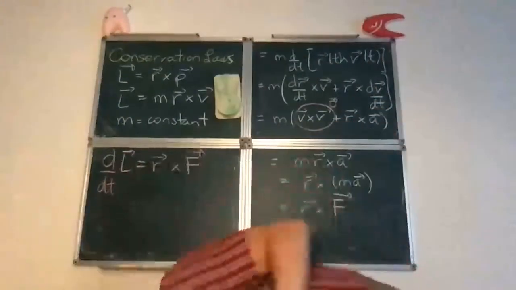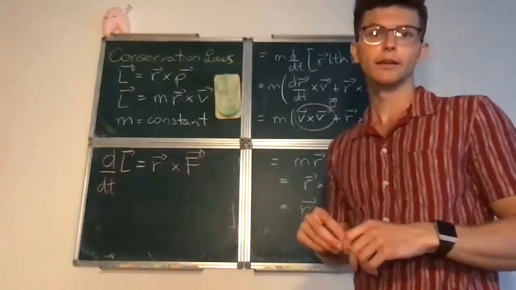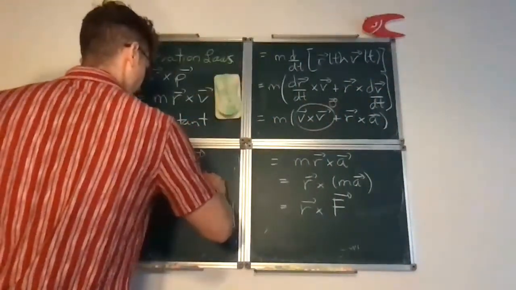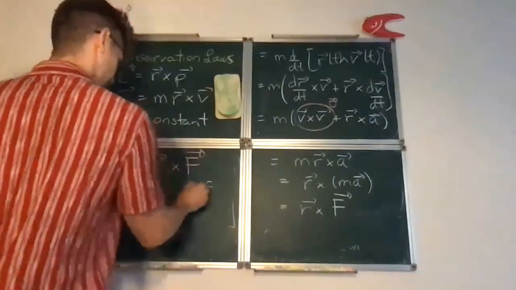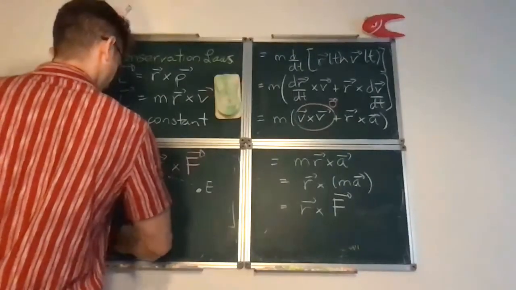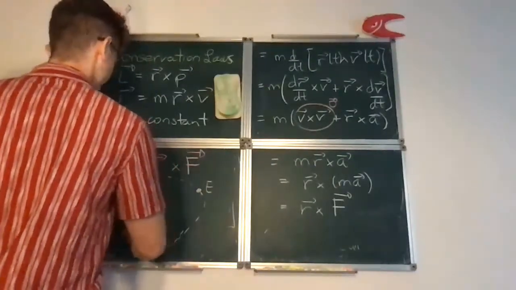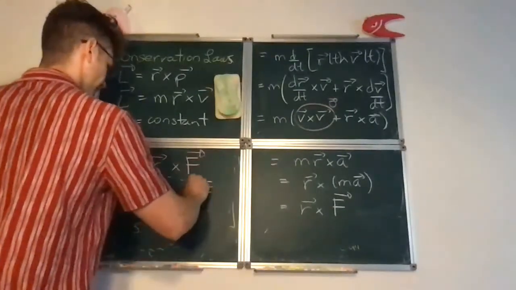Is this. Now, there are many forces in nature, like gravity. Imagine that now let's think of the particle as the planet Earth. And here you have the sun, which I think of as the origin of my coordinate system. So here's the position vector.